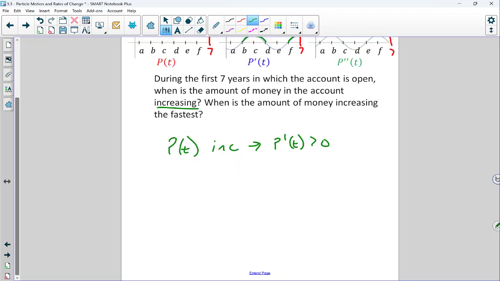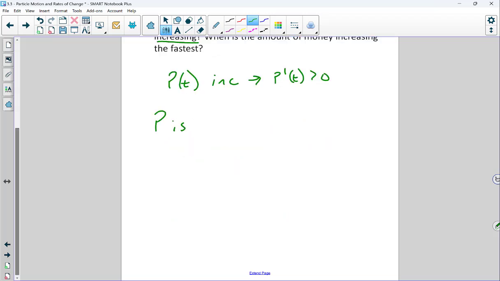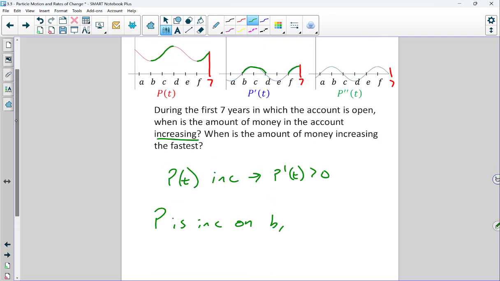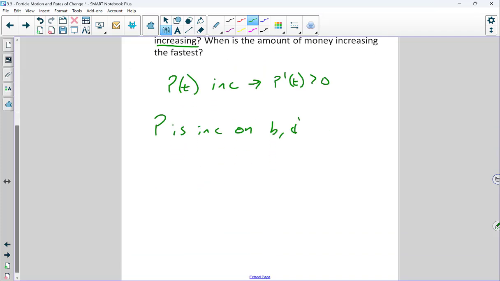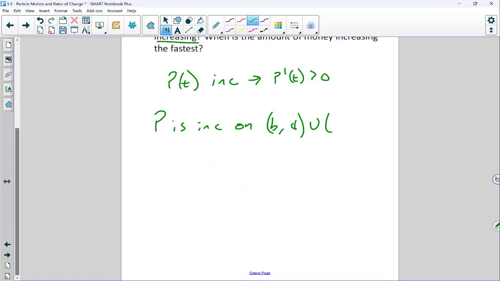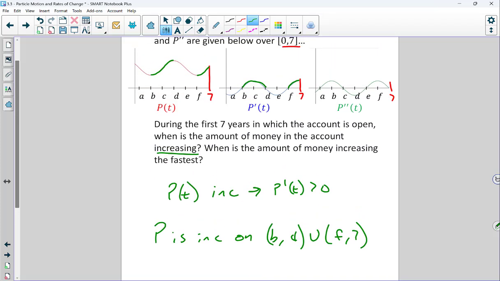So P is increasing on B to D union F to 7. I just wanted to give you two different ways of answering that question so that we can see that we get the same result, whether we look at the function P or P prime.